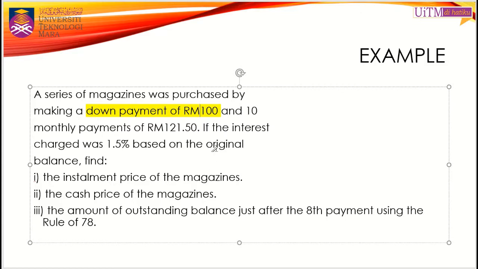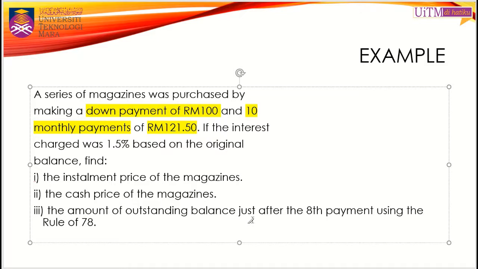The second piece of information is that we have 10 monthly payments. So the value of n, small letter n, is equal to 10, and this payment amounted to 121 ringgit and 50 cent. This is the monthly payment that you have to pay every month.